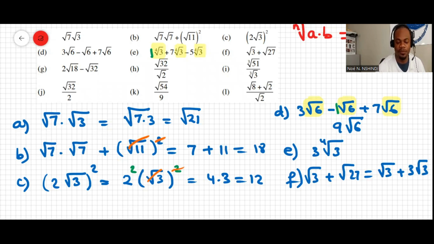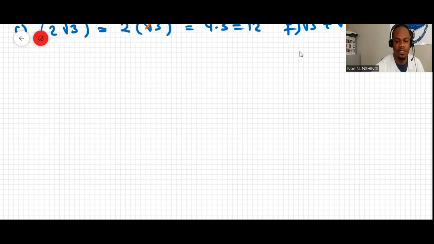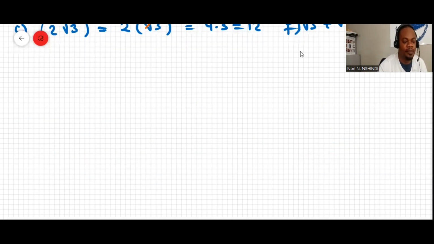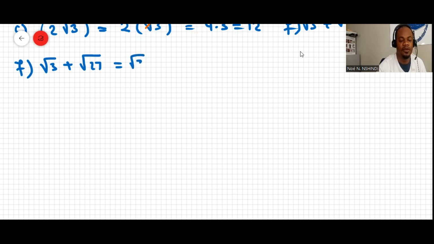Let me prove it over here. F: square root of 3 plus square root of 27. This is like square root of 3. 27 in terms of its prime factors is 3 to the power of 3.